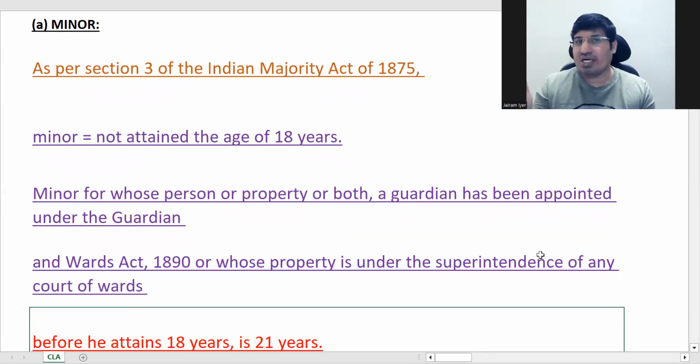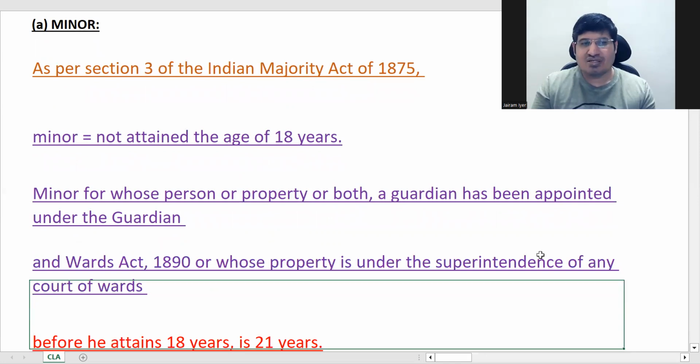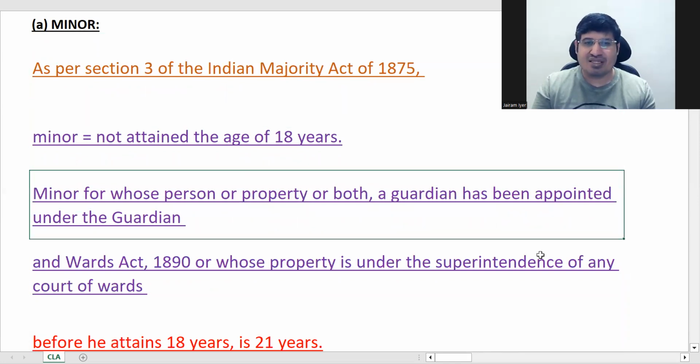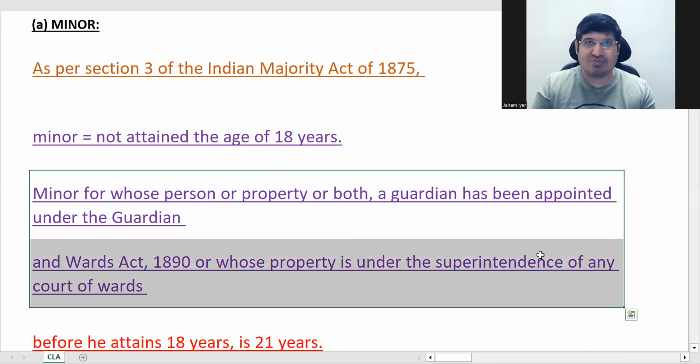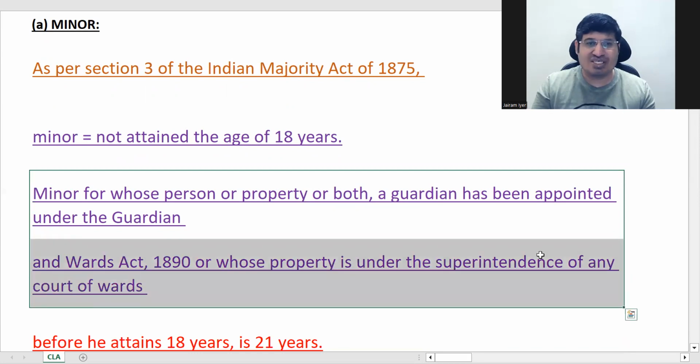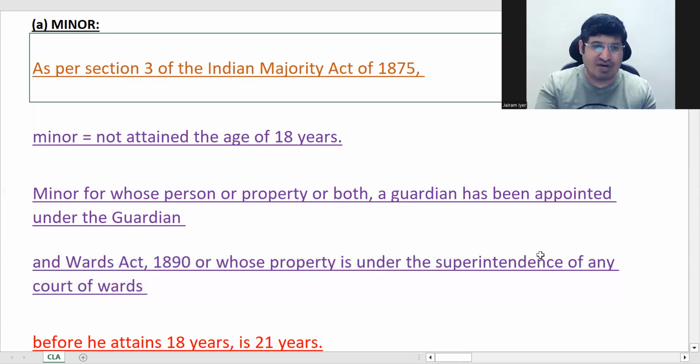So this is just one point which you should note. Normally it is 18 years. Otherwise, if guardians or caretakers are appointed under the Guardians and Wards Act, then it is 21. Okay, fine.